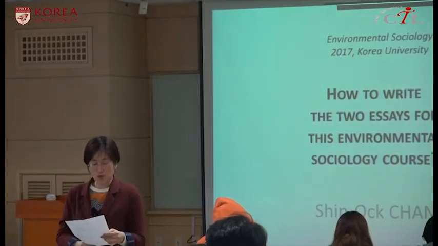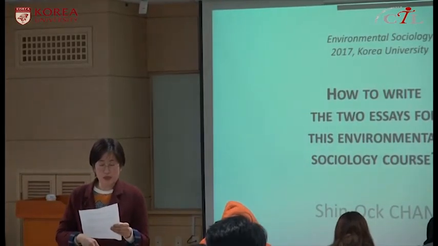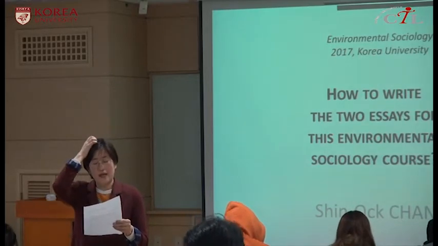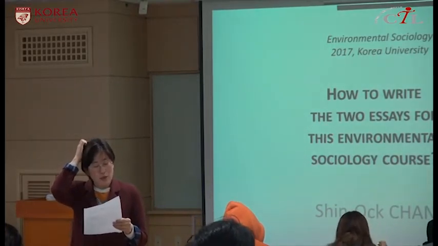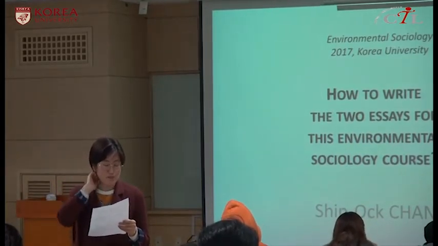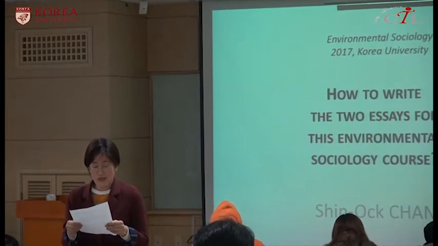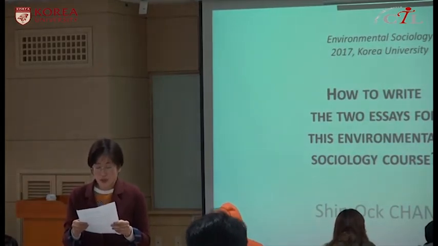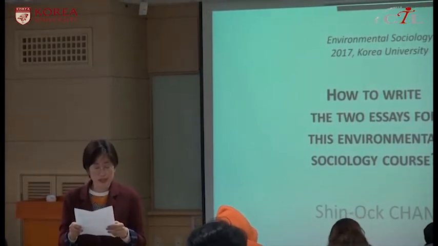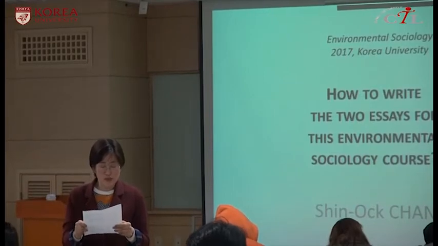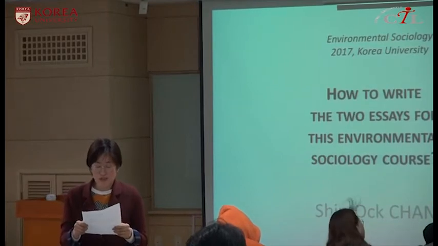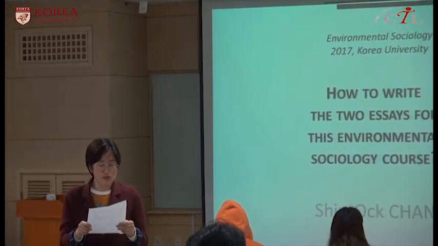Number 2. Which statement is incorrect for the social construction perspective in environmental sociology, which I abbreviate SCP? Number 1, SCP is influenced by postmodernist thought. Number 2, SCP theorists consider that environmental sociologists should provide solution measures to environmental problems. Number 3, SCP theorists consider that nature as a cultural symbolic object can represent different things to different groups of people in society.